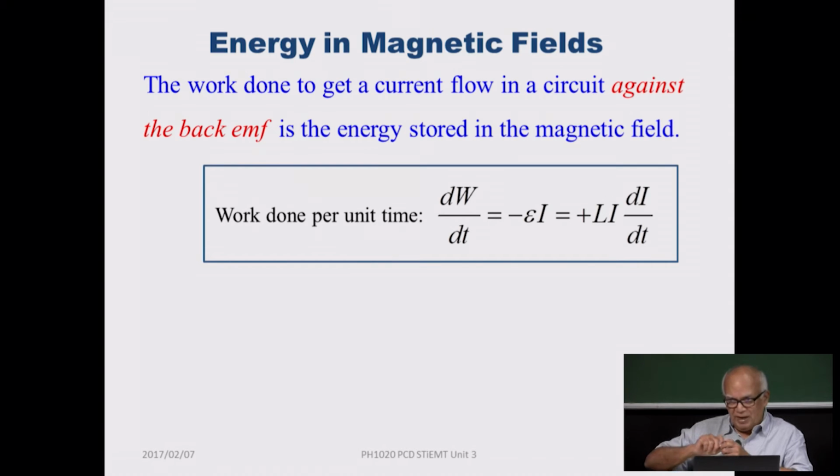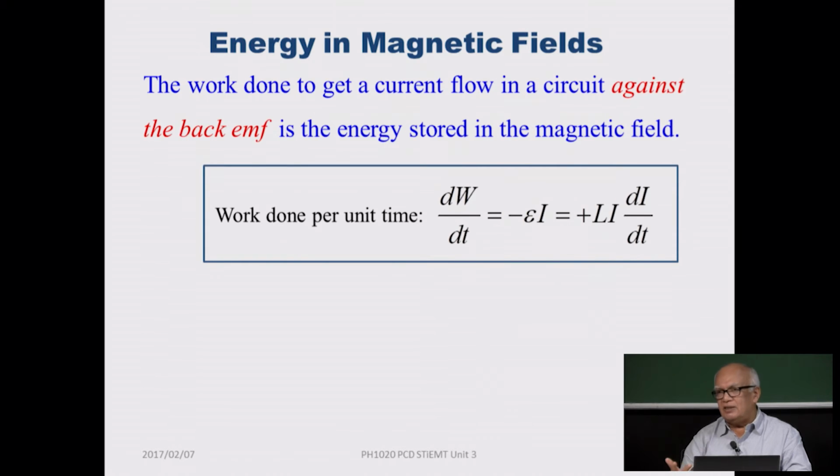As you start building a current, the current element will resist this process and a back EMF will be generated, and as a result, the rate of doing work will be this back EMF multiplied by the current, and the back EMF is proportional to the rate at which the current is changing. So, that being a back EMF, this rate of doing work will be plus I times di by dt.